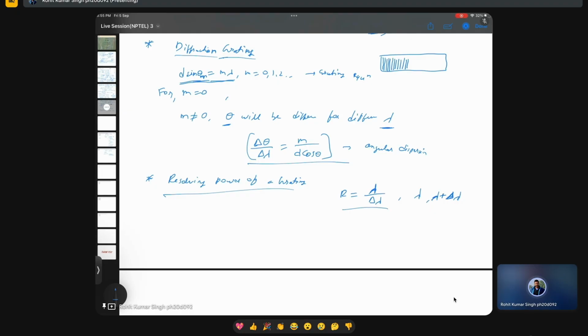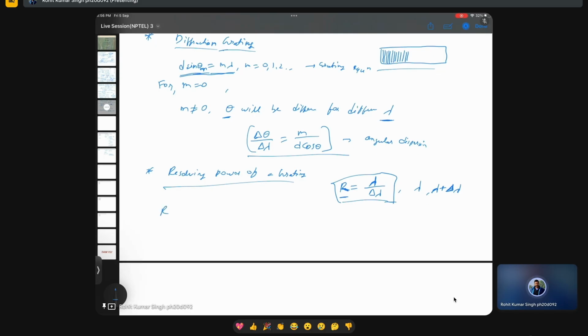This is the resolving power of the diffraction grating. Now this doesn't tell you many things. So what does that mean? How does this resolving power depend on the number of slits in the diffraction grating, for example? To look at that, there is something called the Rayleigh criterion.